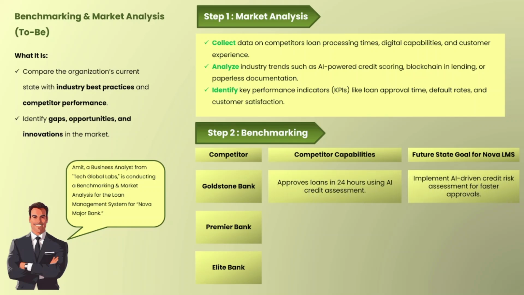Goldstone Bank's capability is that they approve loans in 24 hours using AI credit assessment. We come to know that their loan processing takes less than 1 day and they are using AI-based credit assessment. So what we can conclude is that in the future our loan management system should also implement AI-driven credit risk assessment for faster approval.